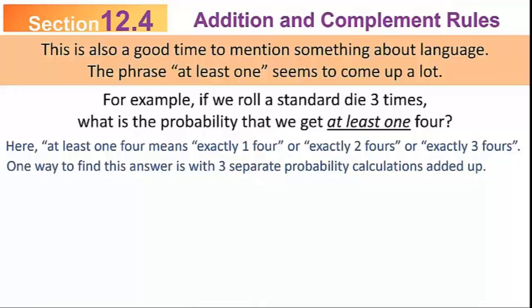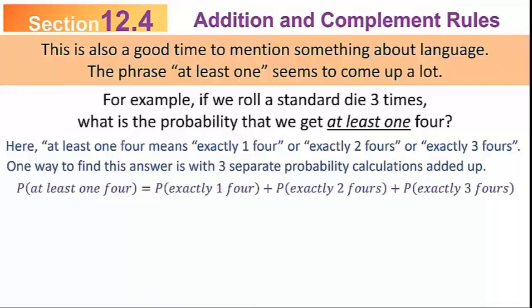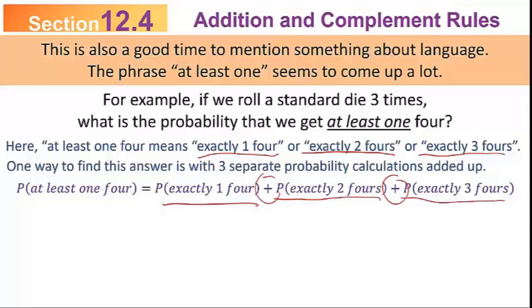Just find out the probability of getting exactly 1 4, then find the probability of getting exactly 2 4s, then find the probability of getting exactly 3 4s, and just add them all up. That's one way to do it. You could take this, and this, and this, and just add up the 3 separate probabilities. That's quite a bit of work.